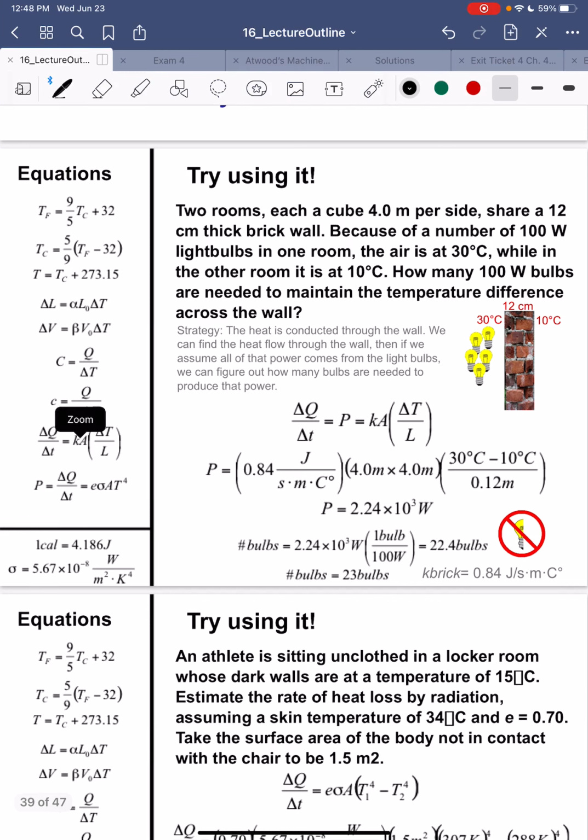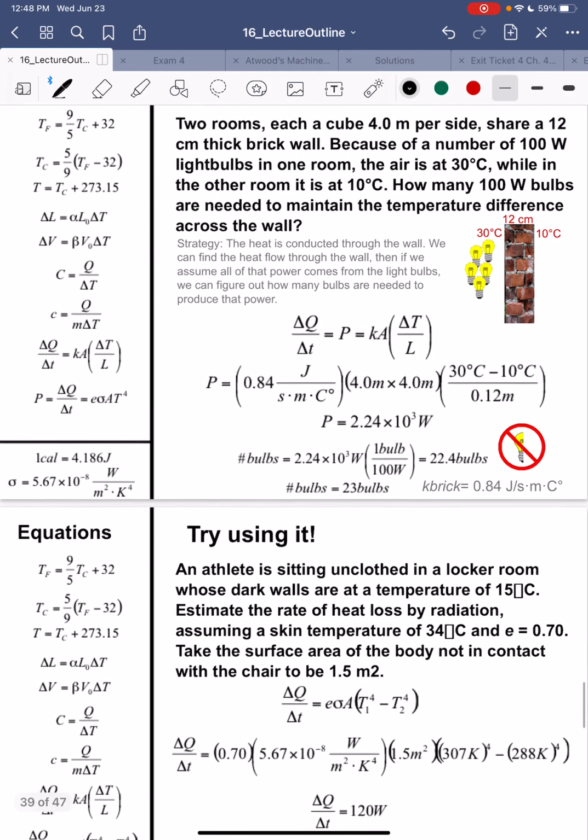Here we can use the equation for conduction first, get the power from that, and divide by 100 watts for each bulb, and then it's going to be 22.4 bulbs.